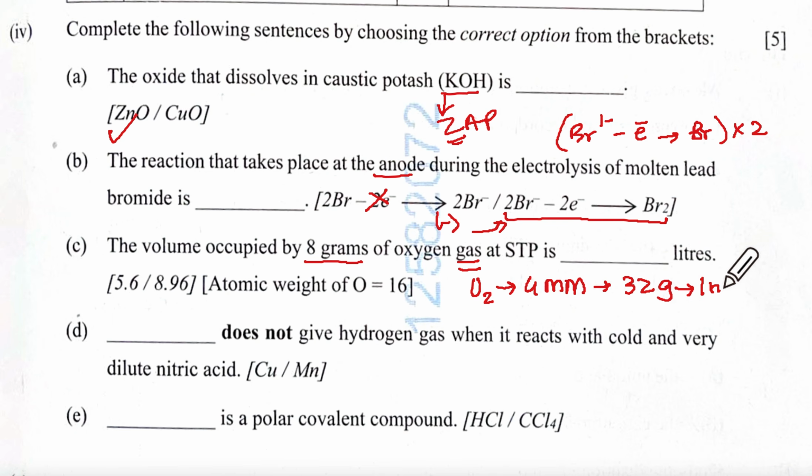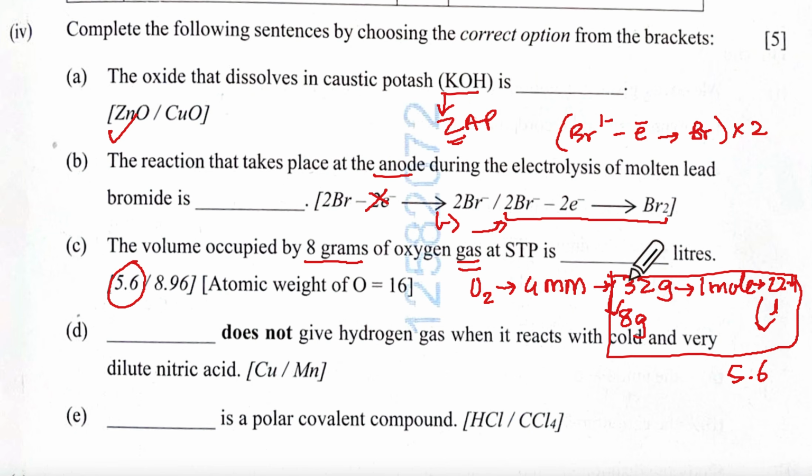I'm just writing here 1 mole so that I don't get confused. And the volume will be 22.4 liters at STP. But we have 8 grams. So can you see this is 1/4? So here also the volume will be 1/4 of this. That will be 5.6 liters. Okay, if you can't understand this, then you can write it separately and work it out.